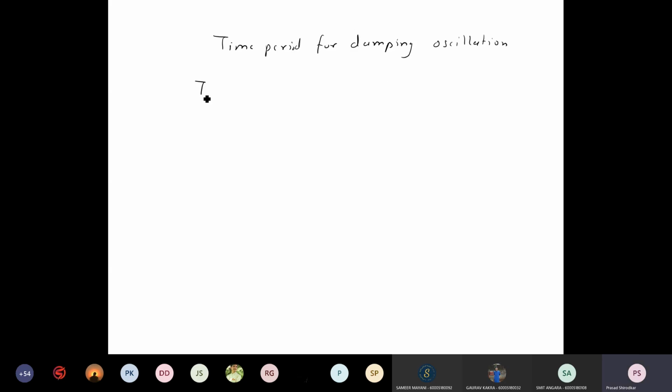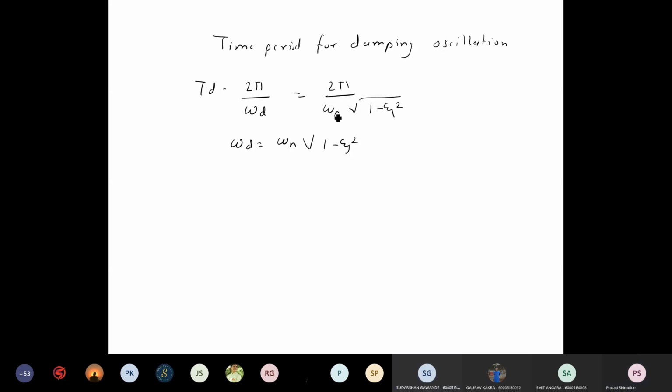That will be TD, twice pi divided by the damping frequency omega d, and omega d is the natural frequency into the square root of 1 minus zeta square. Substitute that in the equation and calculate twice pi divided by omega n into square root of 1 minus zeta square. Calculate these quantities. Can you go back to the previous page once?